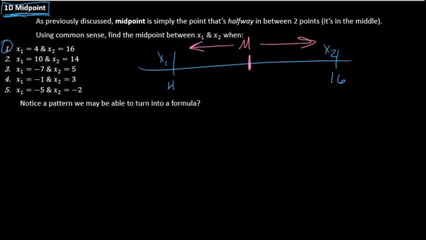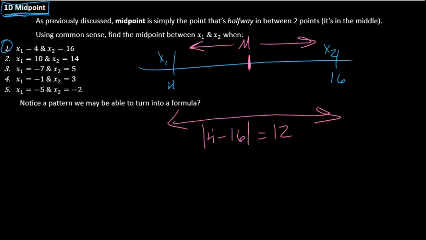We could say, well, 4 and 16 are how far apart? If we use our distance formula, 4 minus 16 gives me negative 12, and the absolute value of negative 12 is just 12. So our distance between x1 and x2 would be 12.